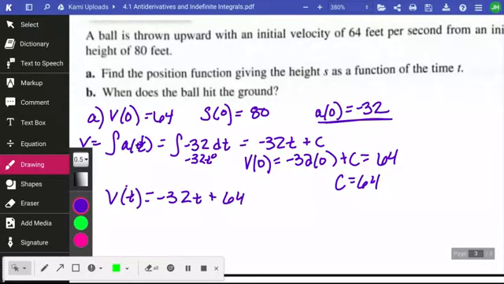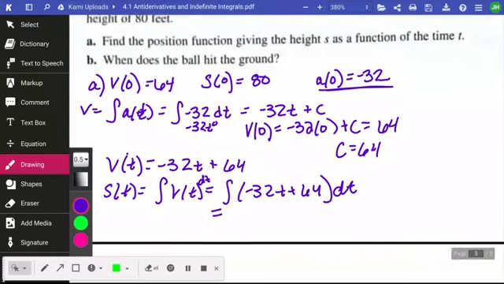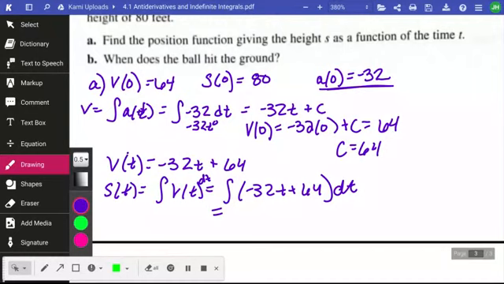Then to get our position function, we need to antiderive this. So S of t is going to be equal to the antiderivative of V of t. So we are antideriving negative 32t plus 64, dt. What is the antiderivative of negative 32t?